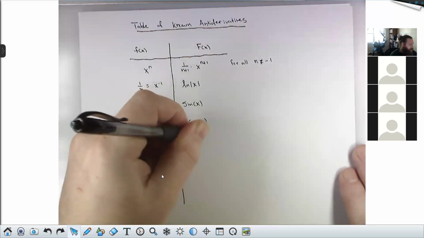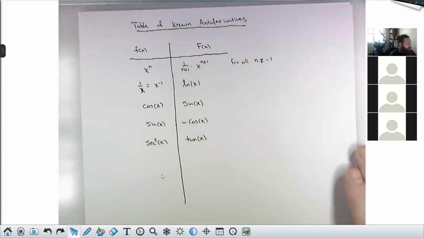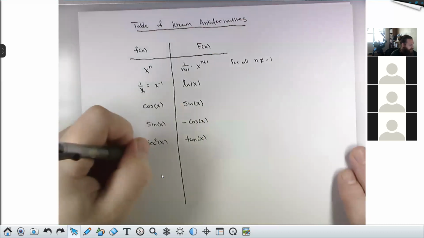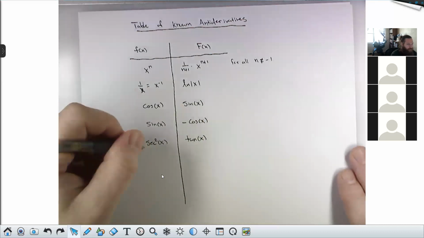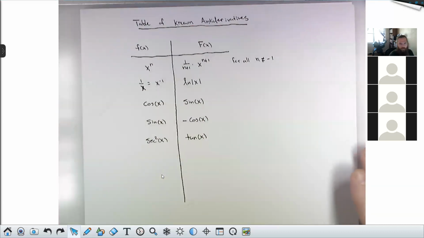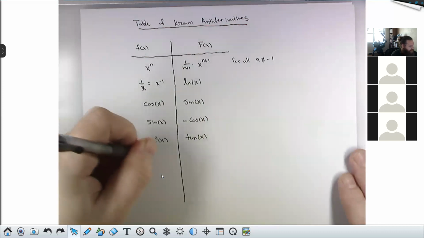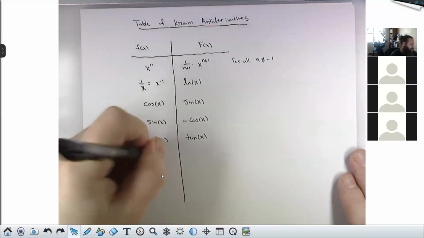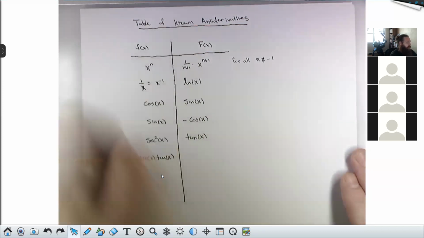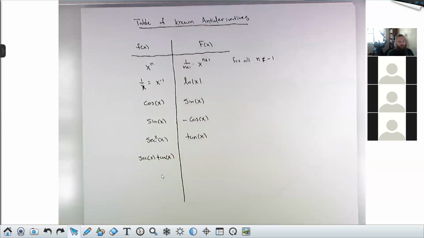So we really are just reading our derivative table backwards. I can't readily talk about an antiderivative for tangent. We need some tools that are a bit beyond what we have now to do that. We will learn them later. But another one that we can talk about right now is secant x, tangent x, whose derivative is secant tangent. Secant. Good, secant.